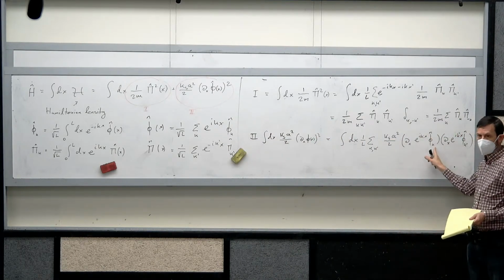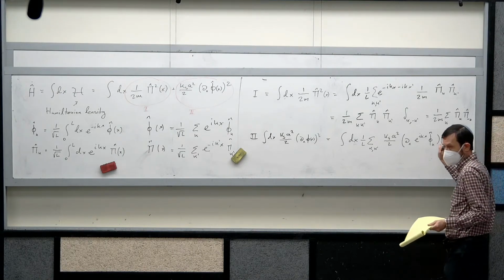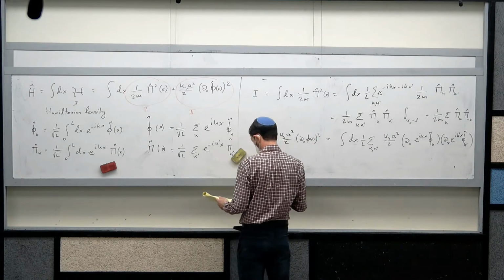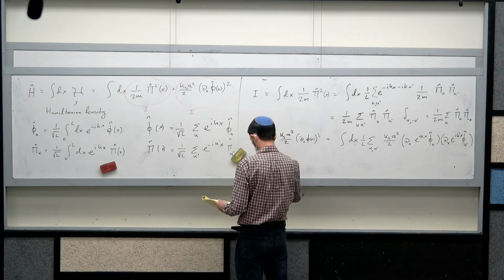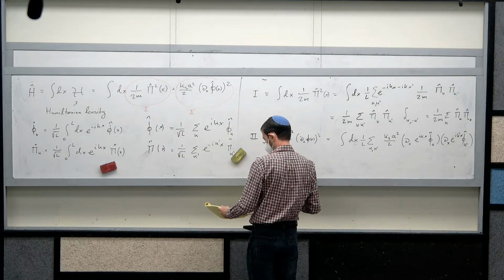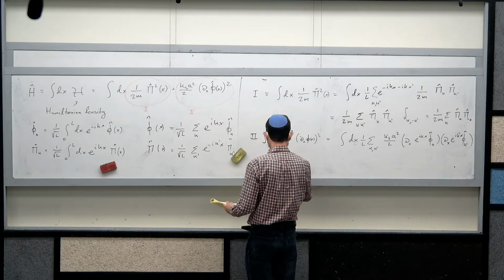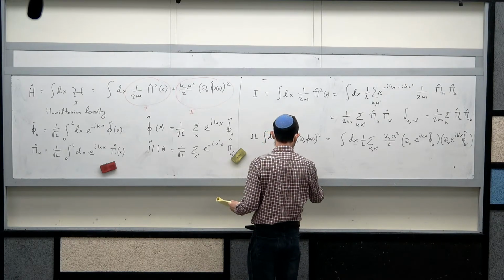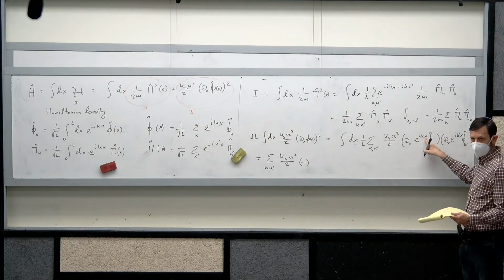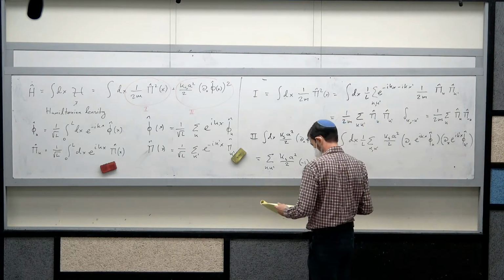Here, the derivative is not anymore on the operator, it's just on a usual exponential function. I have minus because the derivative twice removed the i. So it's minus 1.